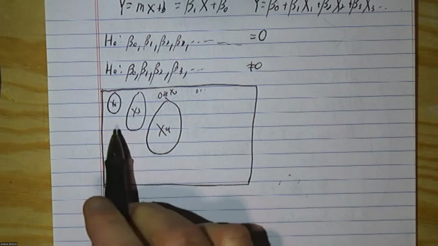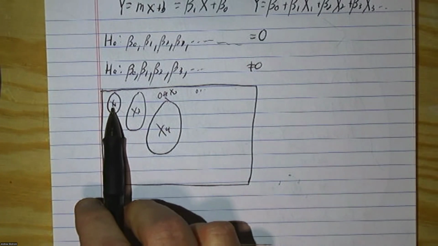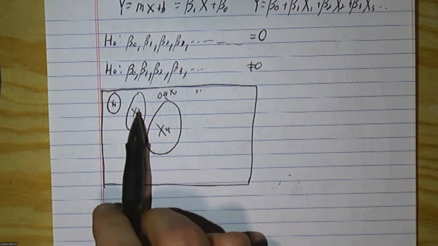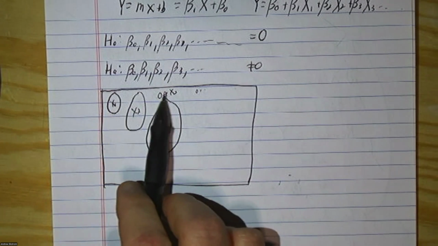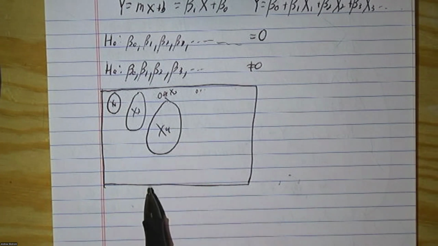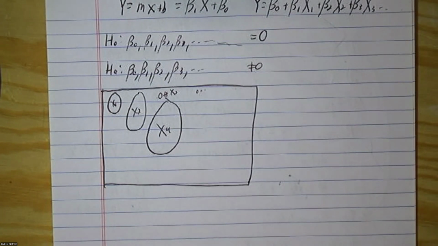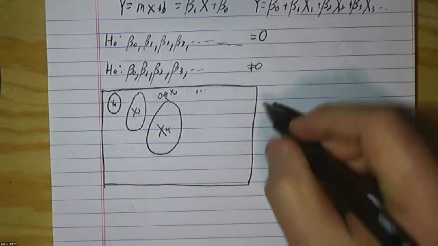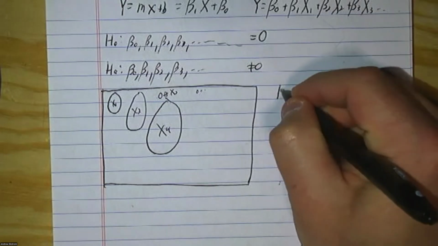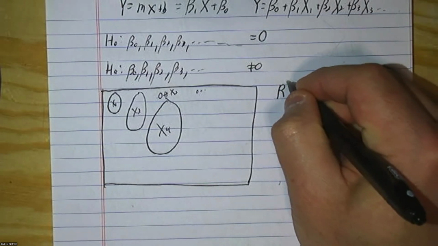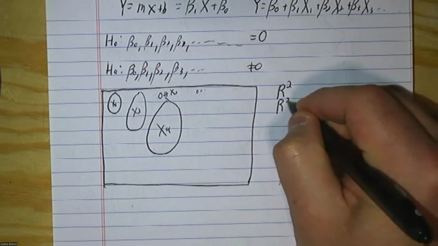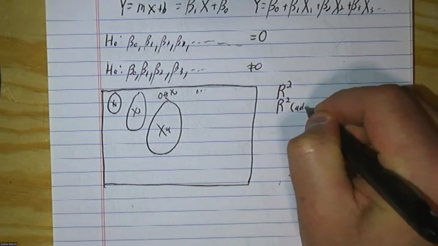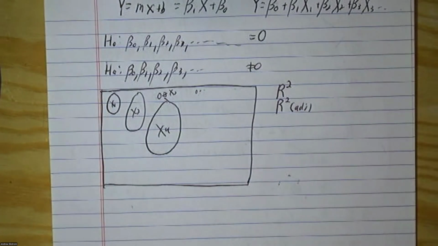When we look at the R squared value, it comes down to how much variance is accounted for here, here, here, and all these other pieces. Add them all up, and there you go. With simple regression, we look at R squared. With multiple linear regression, we actually need to look at adjusted R squared.